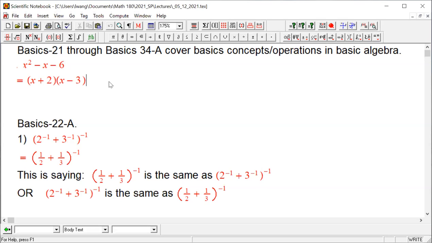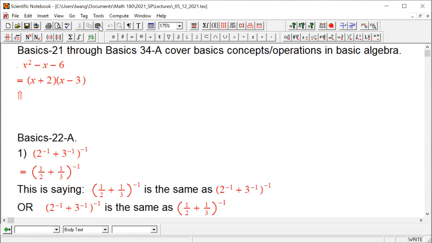If you don't, the phrase 'is the same as' will not be there, because this equal sign is a shorthand notation for a phrase. Do you follow me?